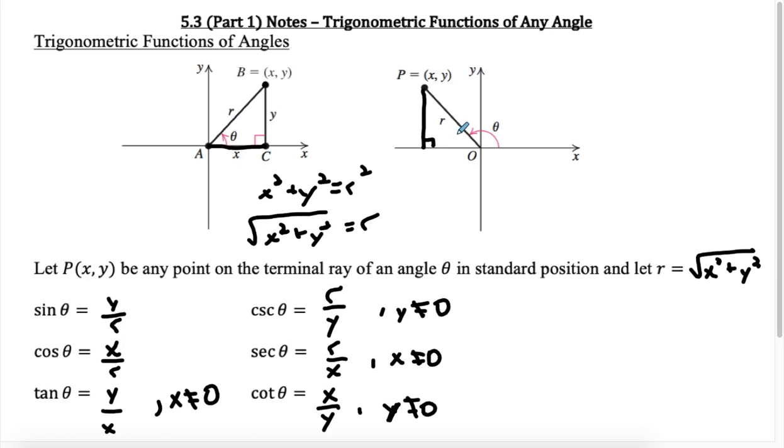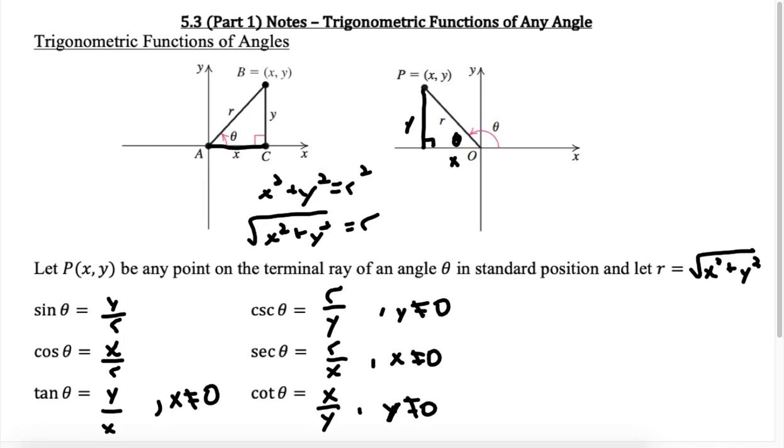So if we say that this is my y, this is my x, we could just look at this right triangle here. Now, to do that, we would always want to draw a line from the point to the x-axis. And again, we'll look at an example of that here in just a second. But so that's the new idea. We're going to find trig values of any angle, which could be greater than 90 degrees. So we're expanding just from right triangles.